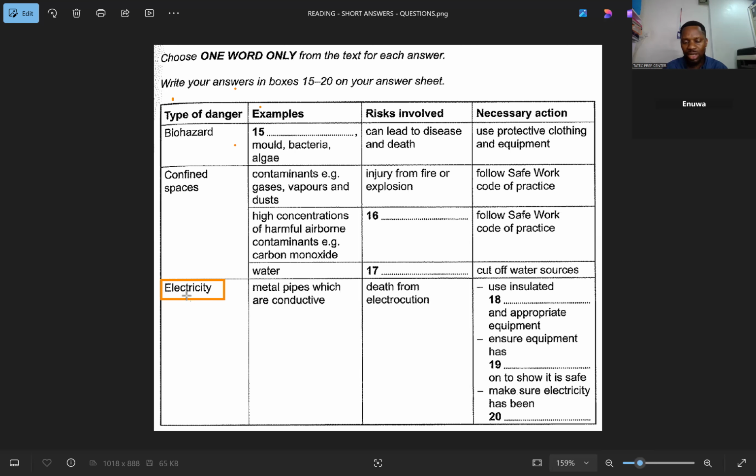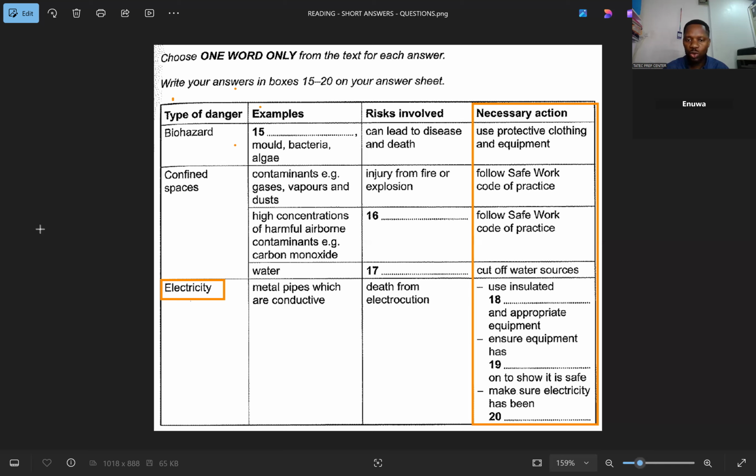Now, when you get to the paragraph that talks about electricity, examples of anything that has to do with electricity will not give you your answer. The risk involved in electricity will not give you your answer. Rather, the necessary action, this is where your answer will fall. The necessary action under electricity. That's where your answer should come from.